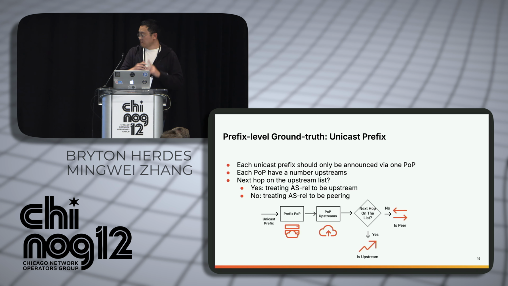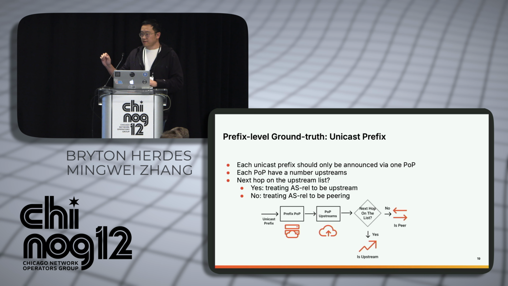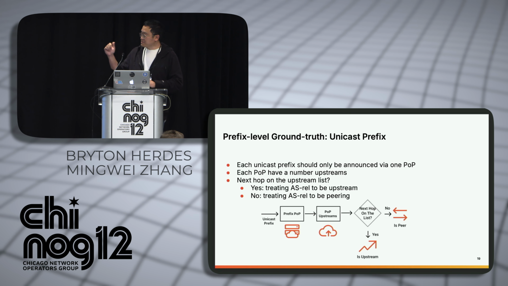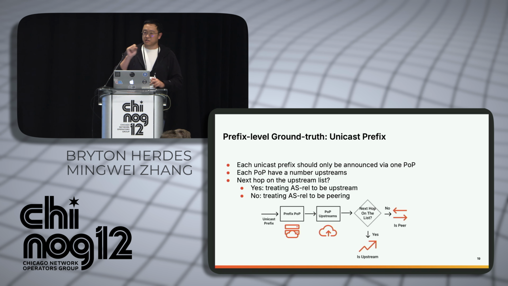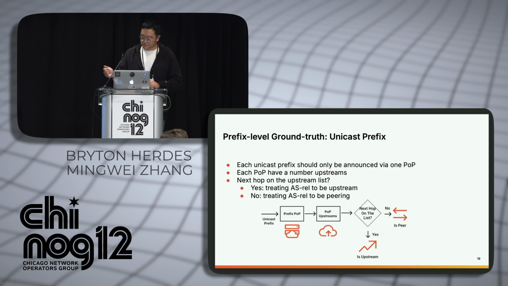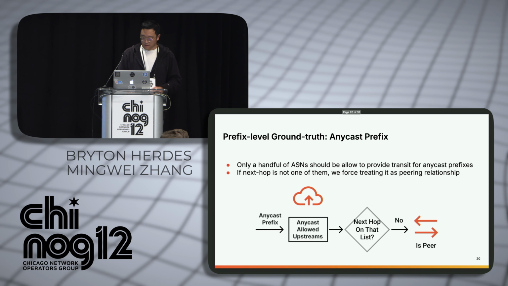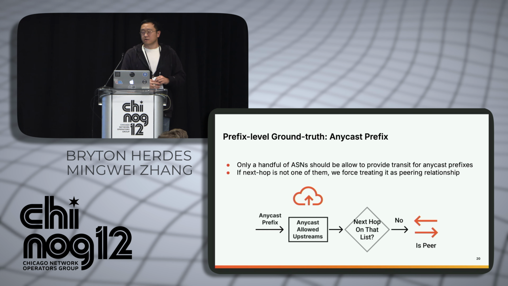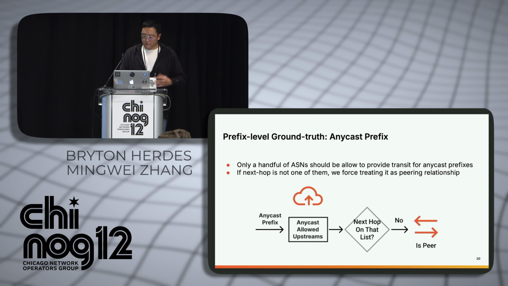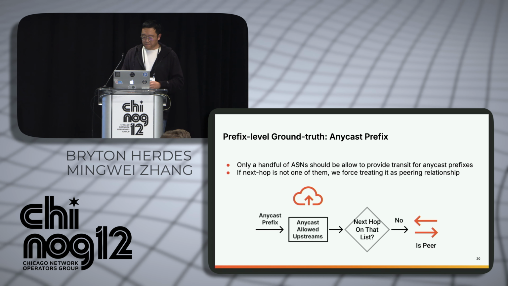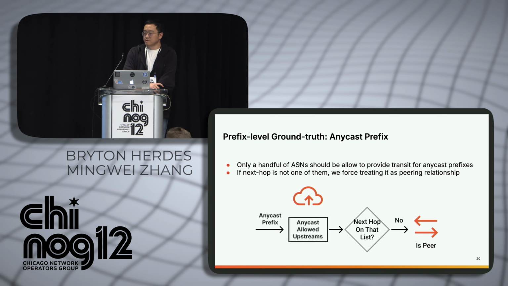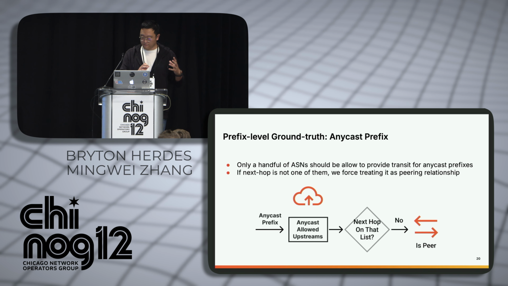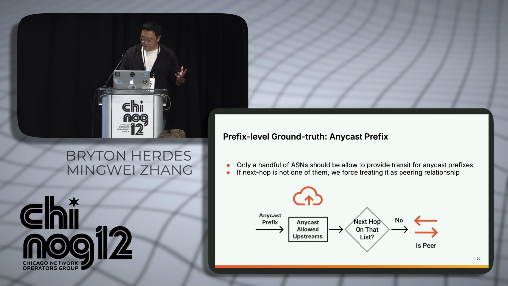And if it's not, we also know for sure that it's supposed to be a peer. It should not be a transit provider. Given that, we have 100% accuracy on whether the next hop connecting to us is upstream or not for unicast prefixes. Similarly, for anycast, it's actually a little bit simpler, because we have a small number of networks that can provide transit at all for anycast prefixes.